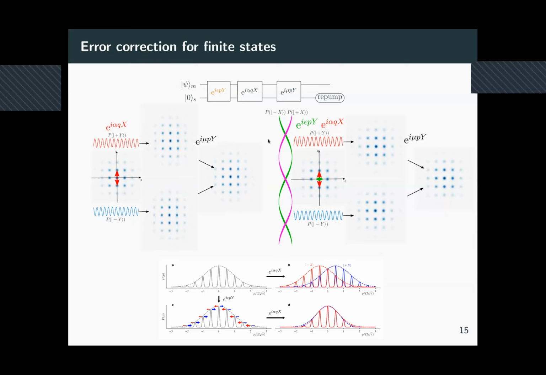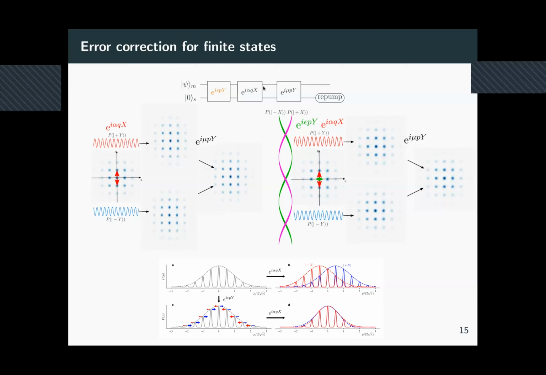But what's more important is that it pre-rotates the spin state depending on the momentum of the state, so that you can think that these states here have a high probability to be in the minus x state, and these states here have a high probability to be in plus x.